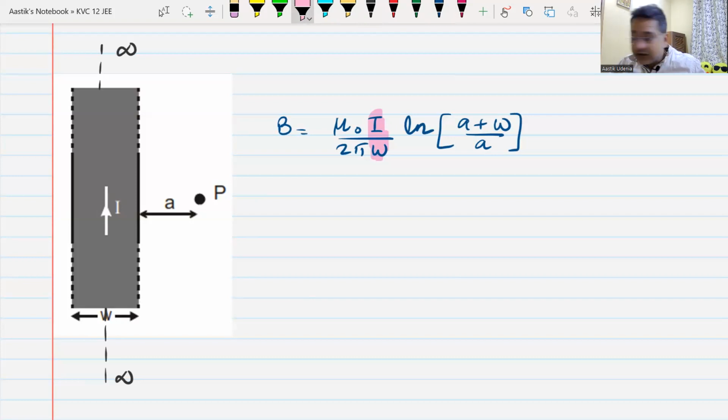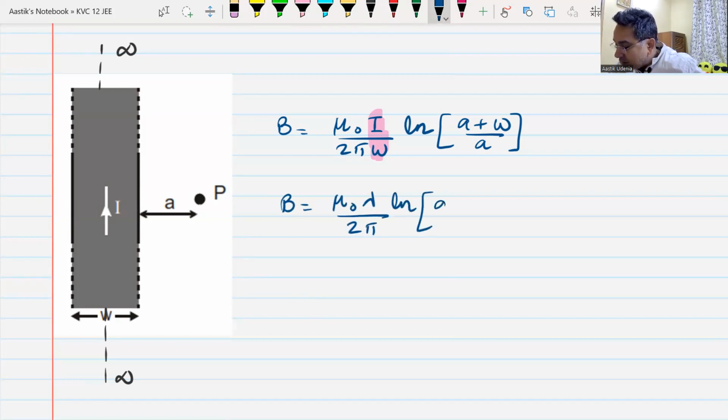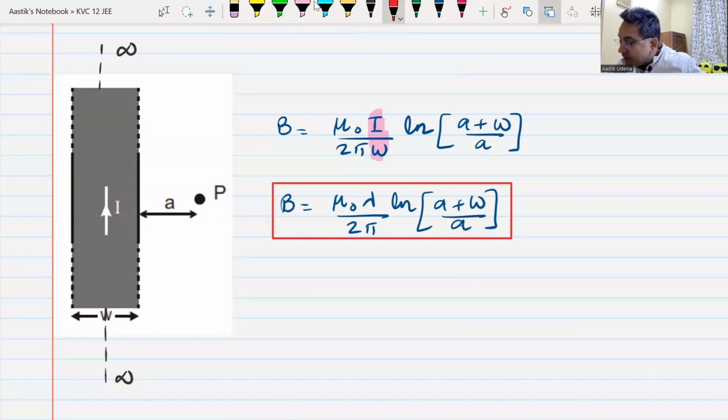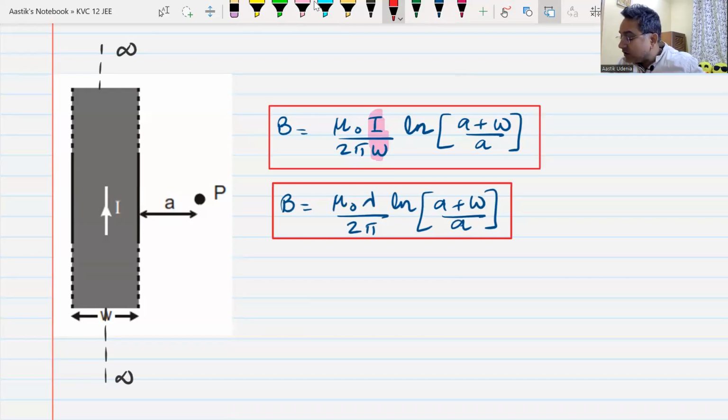If it is given in terms of lambda, then the answer becomes more elegant. It becomes mu naught lambda by 2 pi natural log of (A plus W) by A. And this is the standard result that you shall never forget, at least not till your exams are over.